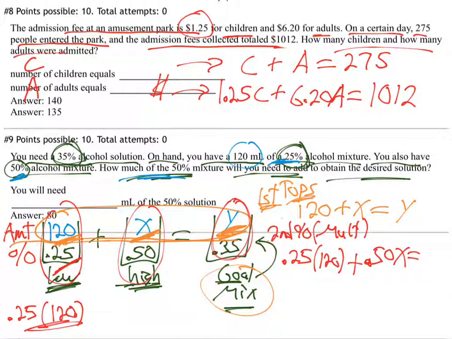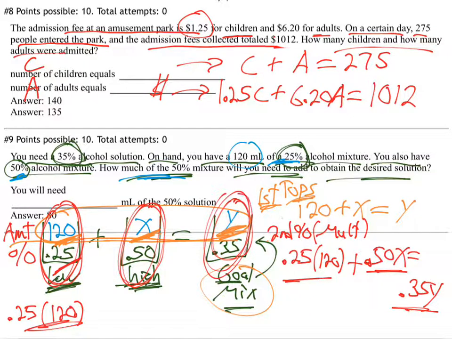Let me bring that down here where there's room. So I multiplied to get that second equation. It comes from multiplying. When you multiply the percentage times the amount of stuff, you get the amount of alcohol in there.